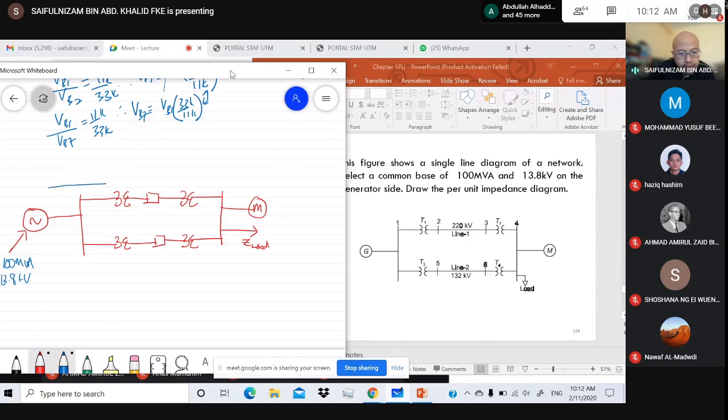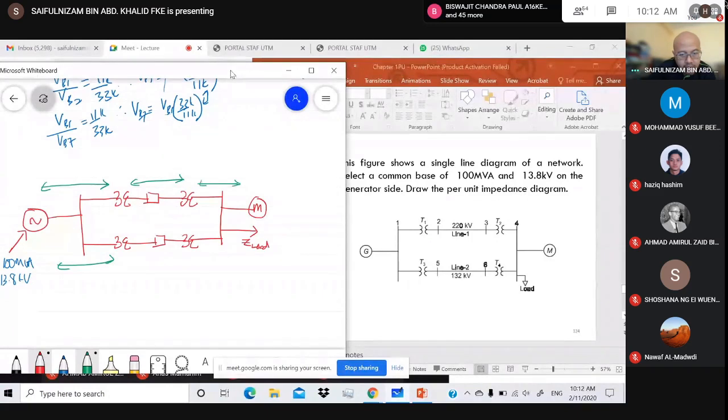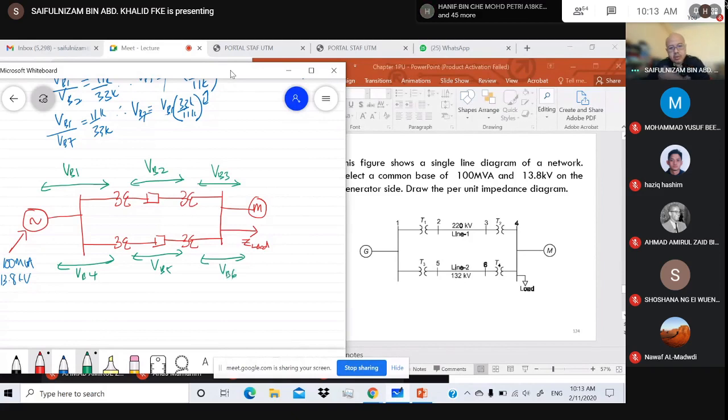So this is our base. Again, we divide into zones.